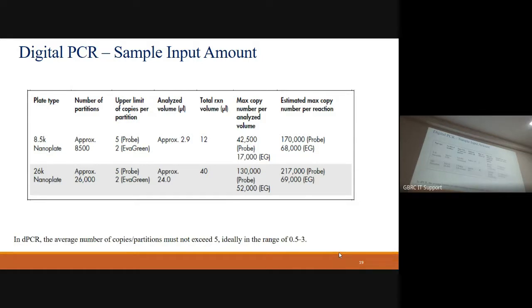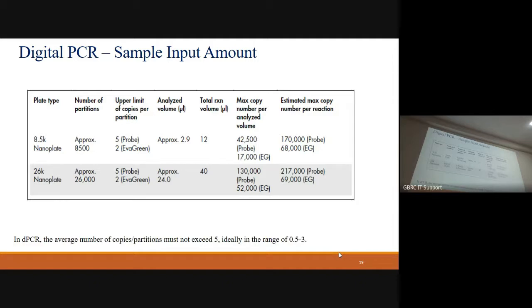As I said, there are two chemistries, probe and EvaGreen based. So the upper limit of copies per partition: up to 5 copies per partition can be detected in probe based, and 2 for EvaGreen based. If a single partition is detecting more than 5 copies in a probe based assay, they will give you the result as oversaturated. So this is the upper limit for the calculation.